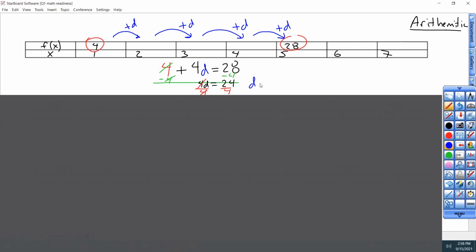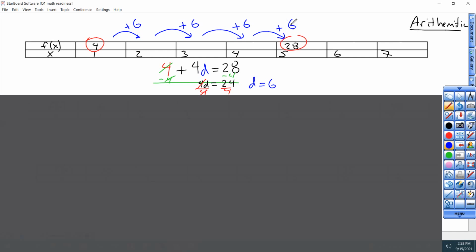And that gives me the common difference number that I need to use to get from 4 to 28 following this pattern is 6. Now I could use that to fill in these D numbers because I know now really what that is. It's adding 6. I could use that to fill in the rest of the table. Adding 6, adding 6, adding 6, adding 6.